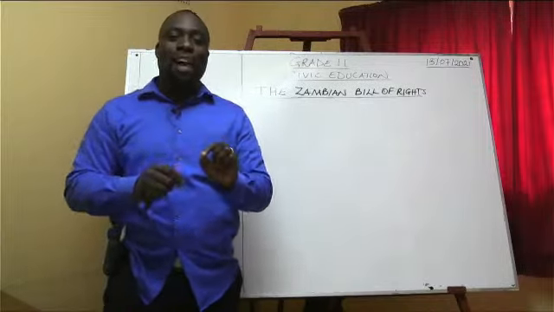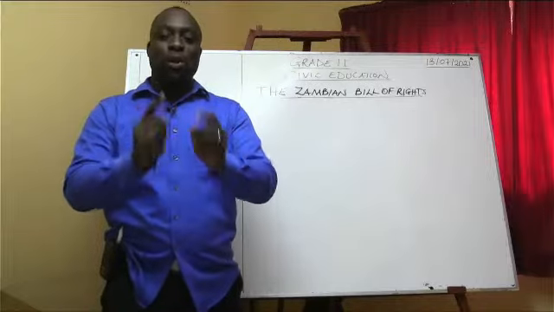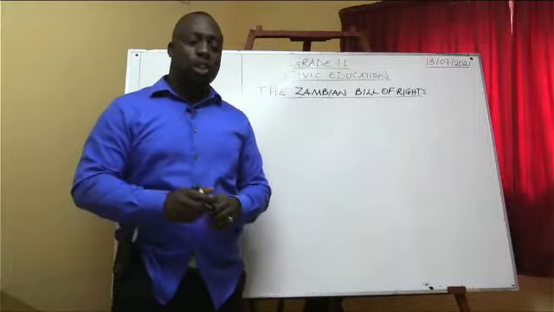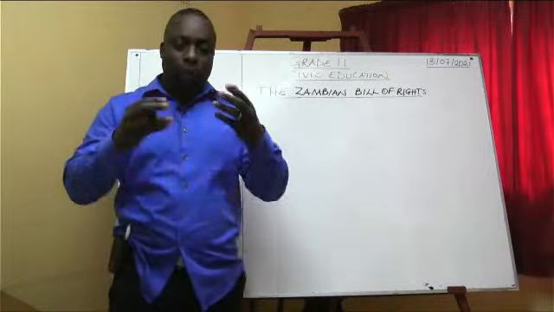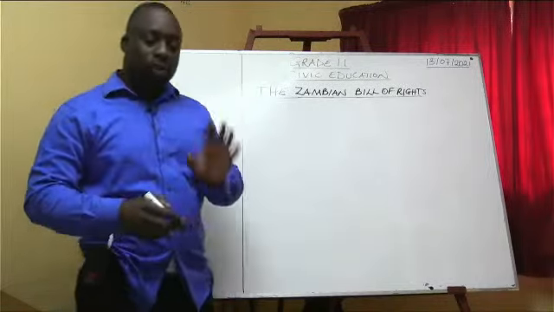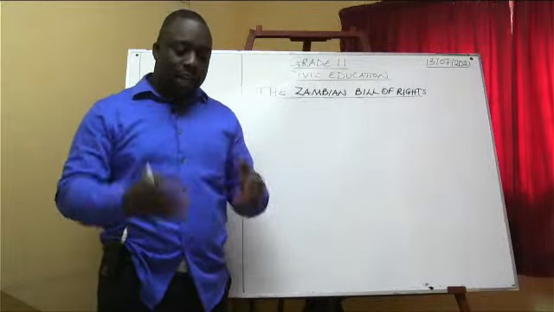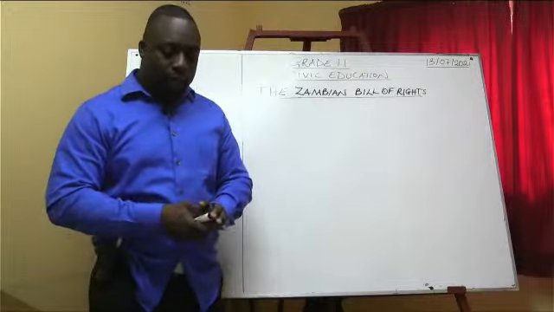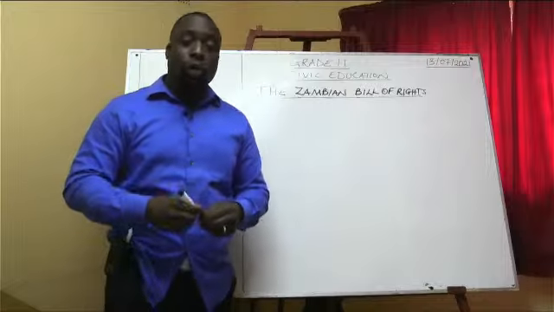Then Part 3 talks about the protection of fundamental human rights. So that is what we are going to continue looking at. The Zambian Bill of Rights is a list of fundamental rights and freedoms covered in Part 3 of the Constitution of Zambia, which is the supreme law of the land.